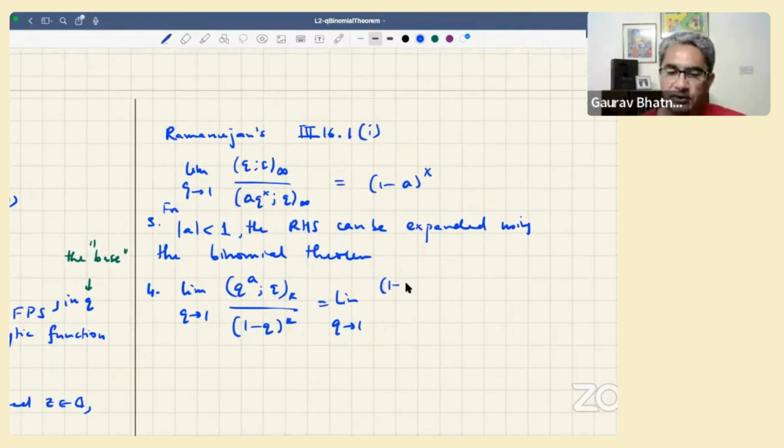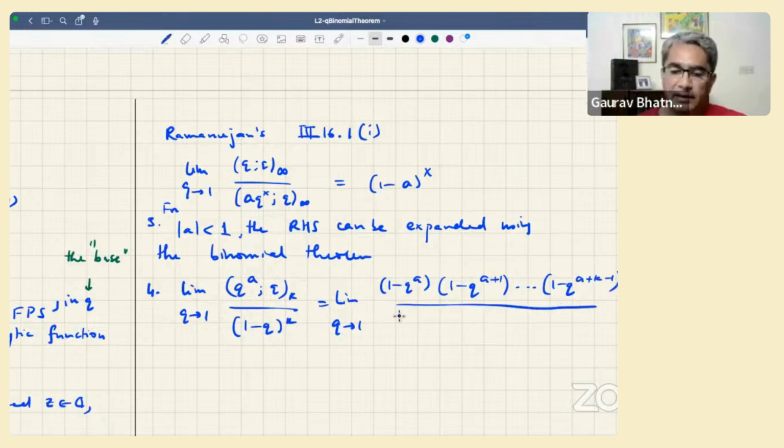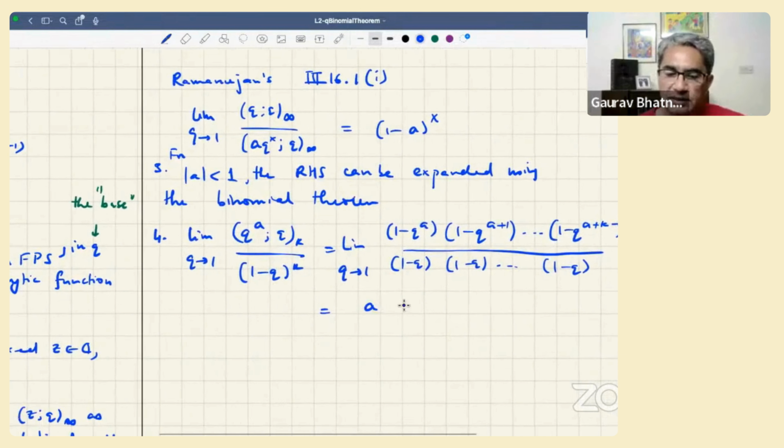On the top you have (1-q^a)(1-q^(a+1)), and so on, up to (1-q^(a+k-1)). And at the bottom you have (1-q)(1-q), and so on.